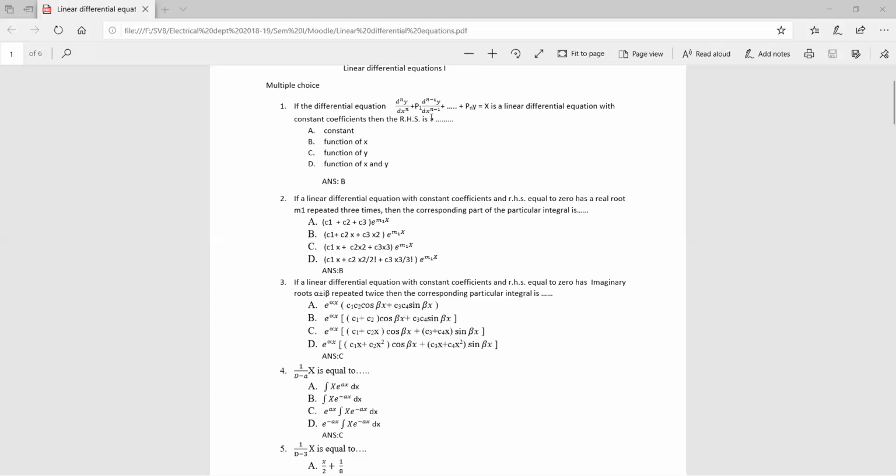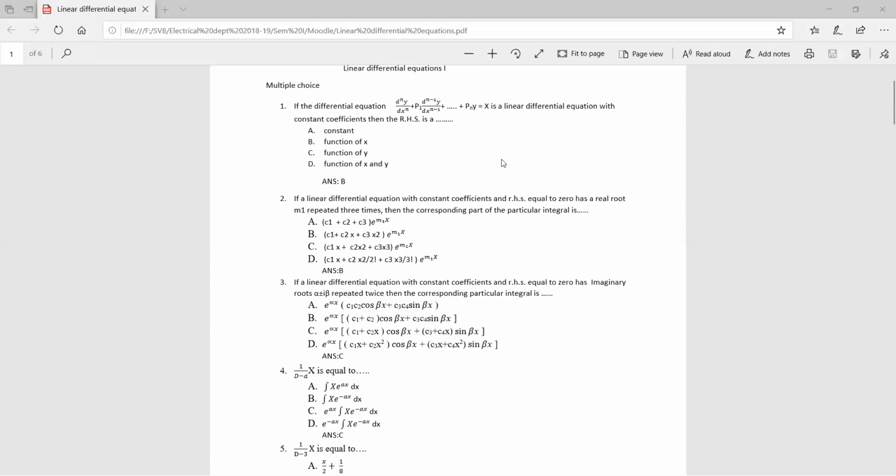What is important? The coefficient of d^n y upon dx^n is 1, a constant, and all other remaining coefficients p1, p2 up to pn are all constants, and the right hand side is a function of x only.